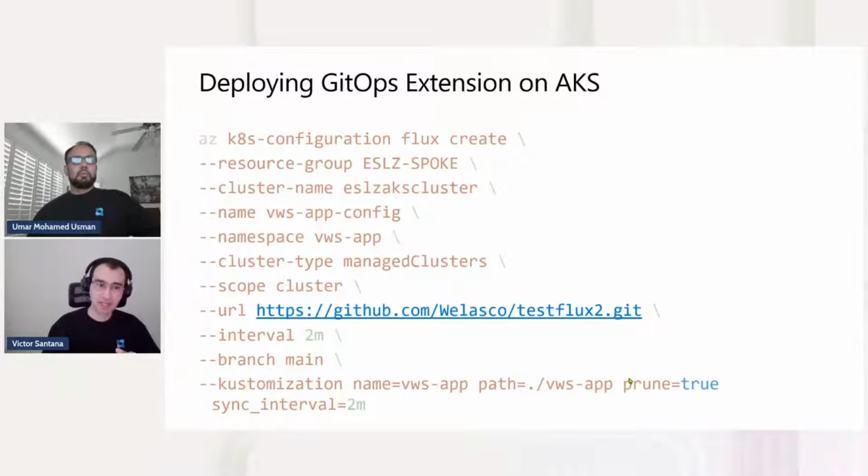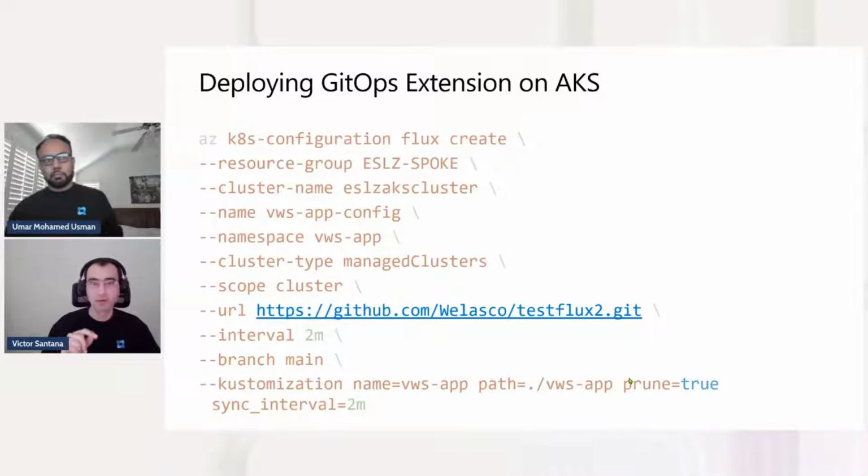Assuming that you are signed in, with this command line you are saying az k8s-configuration flux create. You are creating a brand new configuration entry for your cluster and telling the cluster to keep watching a repository. Then you have to define the specifics.